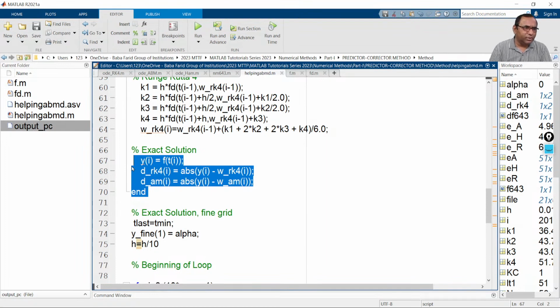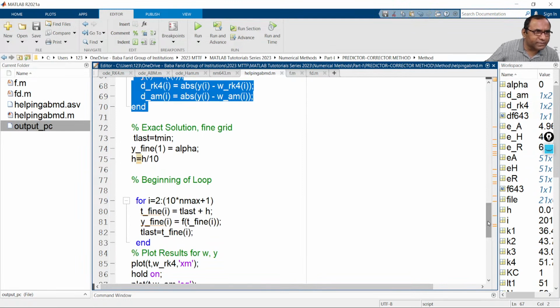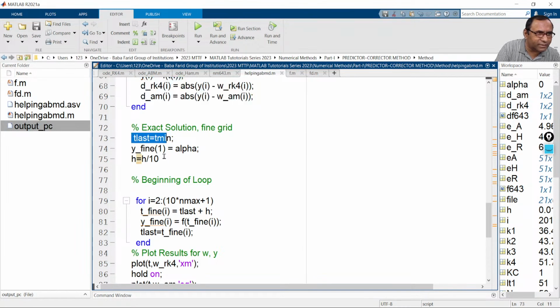Now exact solution. See the exact solution, we have the fine grid, this is the t last and is equal to t minimum, y fine is equal to alpha, this is the initial value, and h is equal to h by 10, and beginning the loop for this one, we can have for I is equal to 2 to 10 times maximum plus 1.